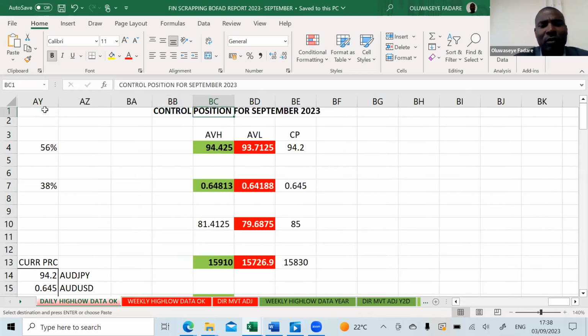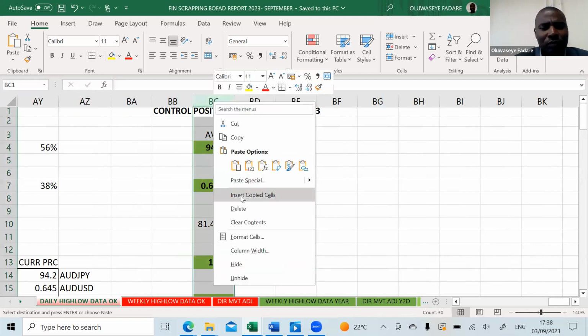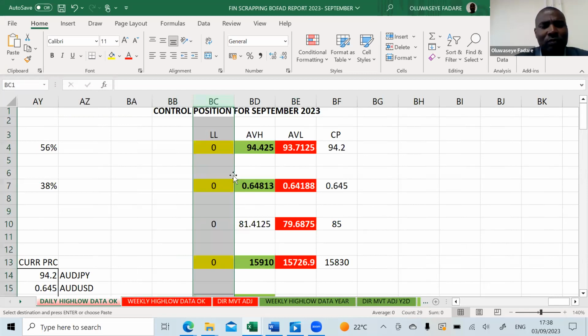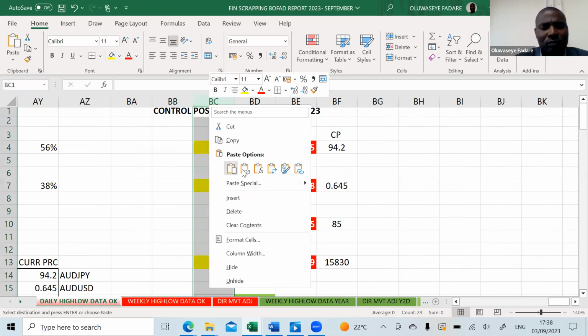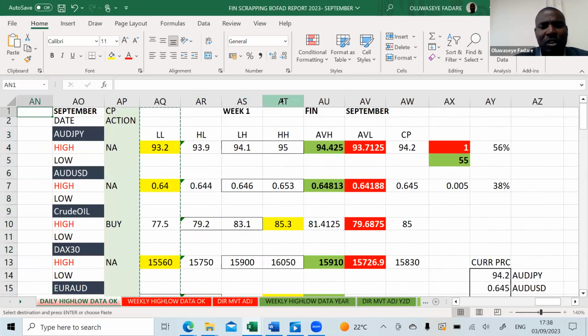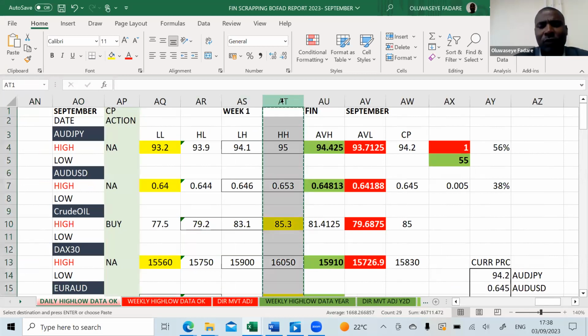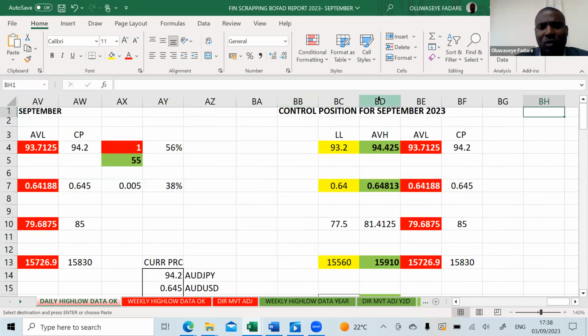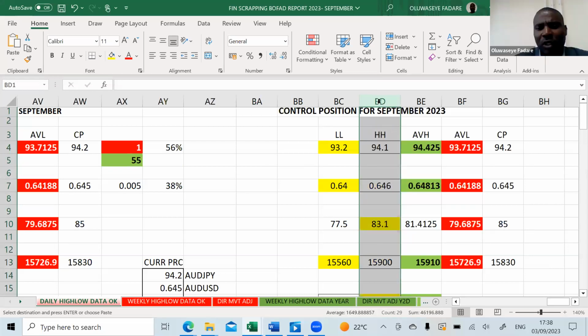Let's pause input for on. Okay, so let me put it. So that's our current low, and then let's look at our current high as well, HH, so that by the time we are coming at the end of the month we have something to compare with.